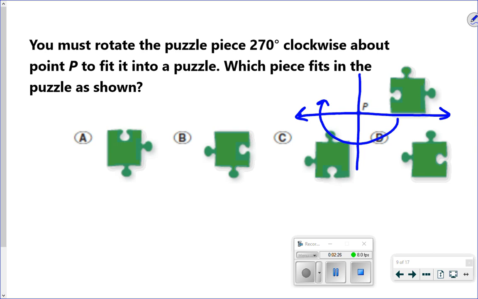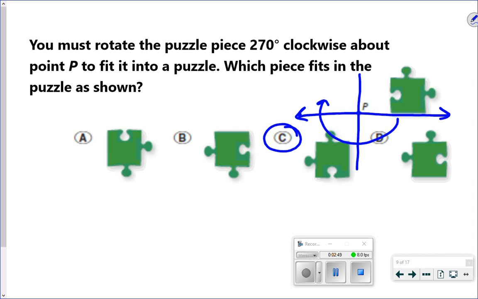When I rotate it 180 degrees, that hole becomes on the right side of the piece. And then when I rotate it another 90 degrees to get it to 270 degrees, that hole is now on the bottom. So that means that my new shape is going to be shape C.